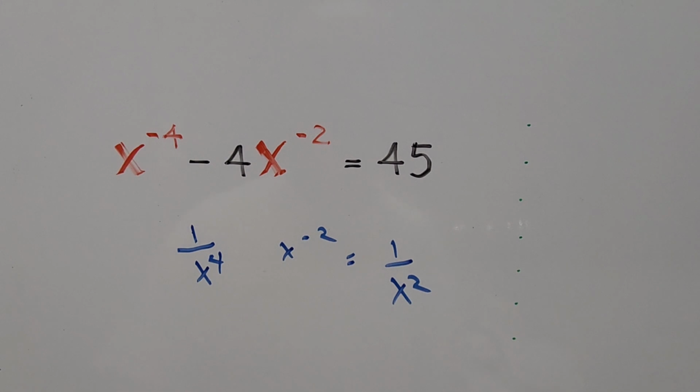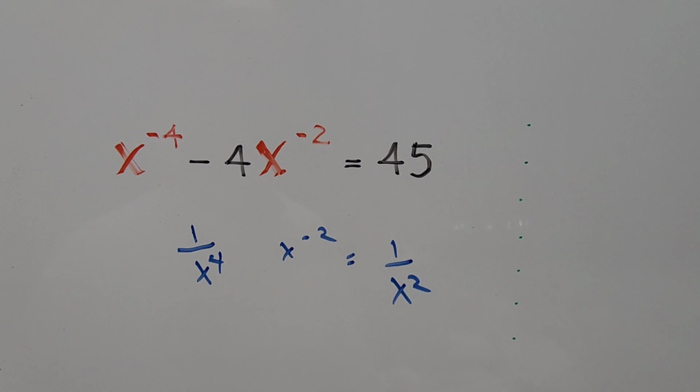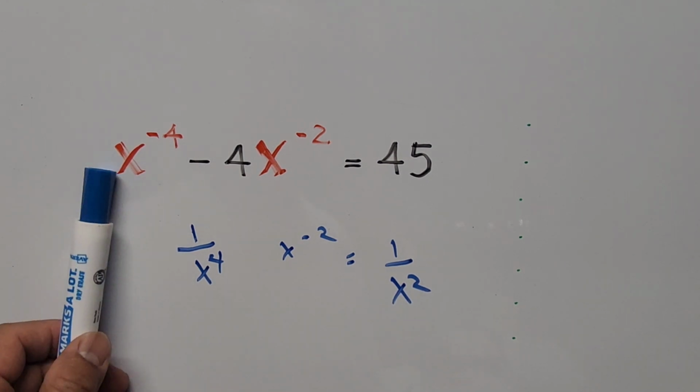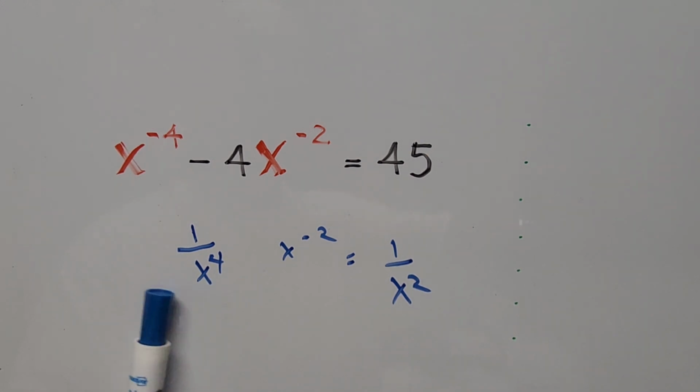Instead of doing that, we'll just use substitution. So we define a variable to represent this x with negative exponent. Either way, we can solve the equation by expressing the negative exponent as a positive exponent if we move this variable into the denominator, right? But here we just use substitution. All right, so let's do it.